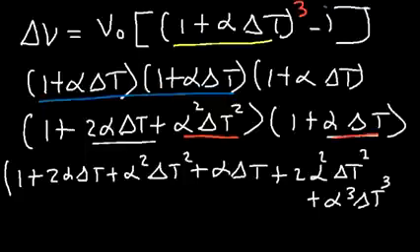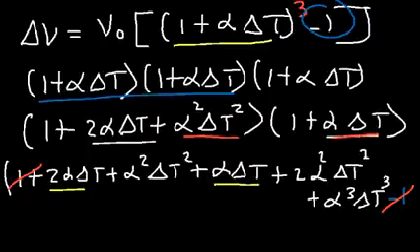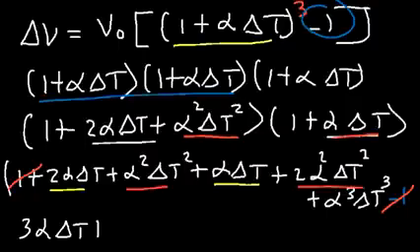And now let's add the negative 1. So we can cancel the 1 and the negative 1. We can combine these two terms, so that's going to be 3 alpha delta T. And we can combine these two, which is going to be 3 alpha squared delta T squared.